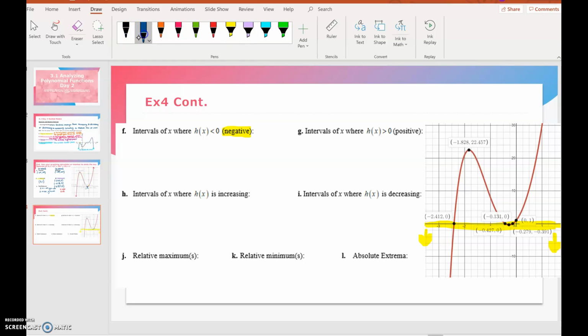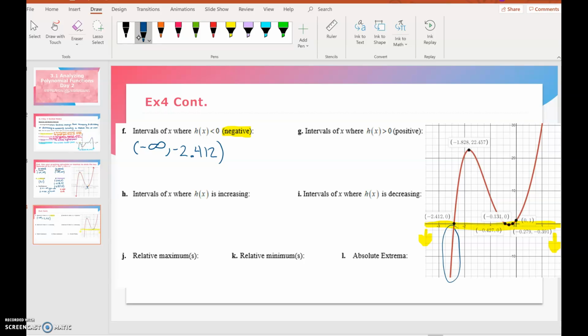And so our interval in this case would be from the lowest x value, so negative infinity, to where it stops, which is here, and it's the x value, so that's negative 2.412. So that's where it is negative, and then we're going to look for any other spots.